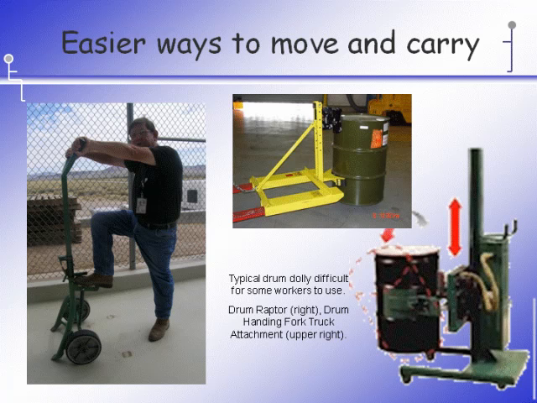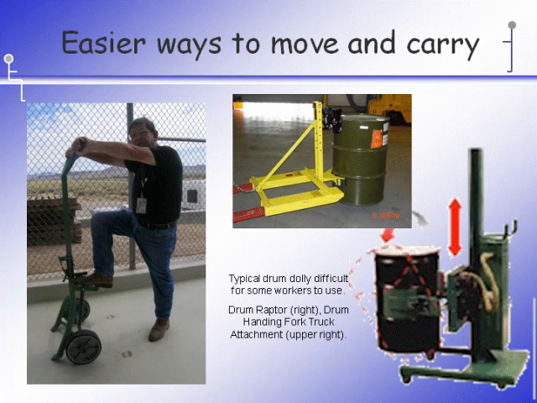So easier ways to move and carry, we have our typical drum dolly. But recognize that for some shorter workers, it can be quite challenging to use. As you can see how high he has to lift his foot to be able to cant that drum dolly back when you have drums on it, which can be quite heavy. The picture on the top is a fork truck attachment.